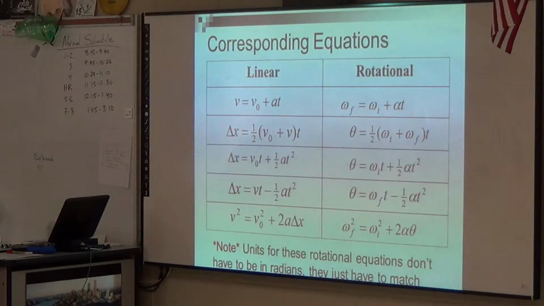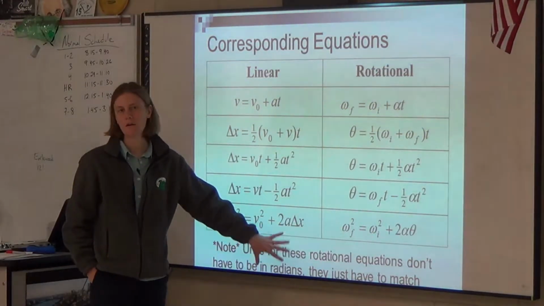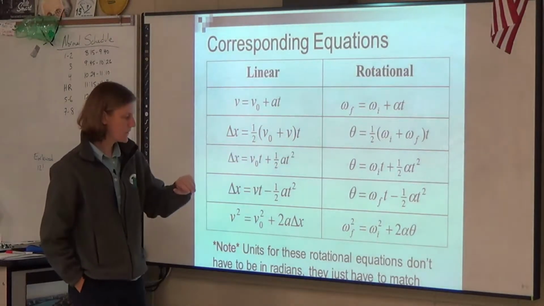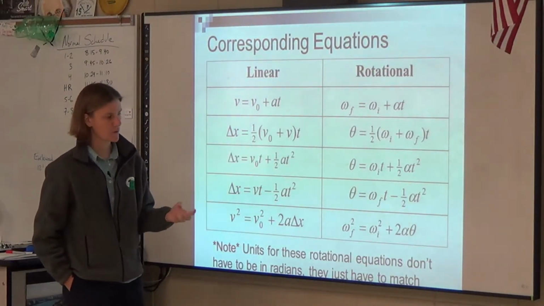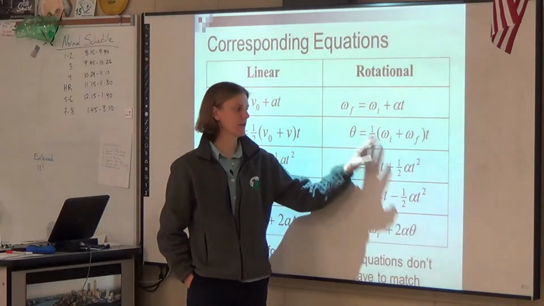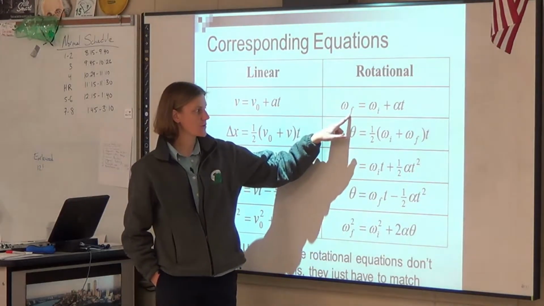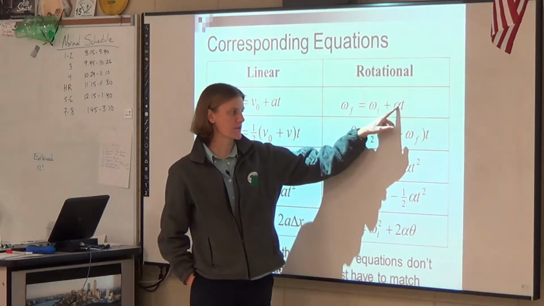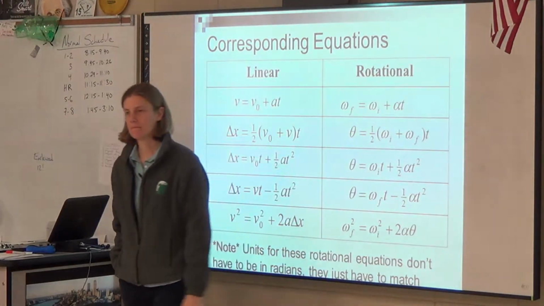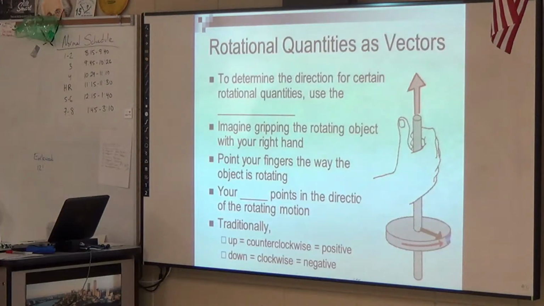All the same kinematics. Do note at the bottom, I know I'm mentioning that we'll likely be dealing with the angle in radians, and especially if you're using that arc length formula, you would get an angle in radians. But that doesn't mean your units have to be in radians. They just have to match. So this could be revolutions per second. This could be revolutions per second squared. But you can't have revolutions in some and radians in others.